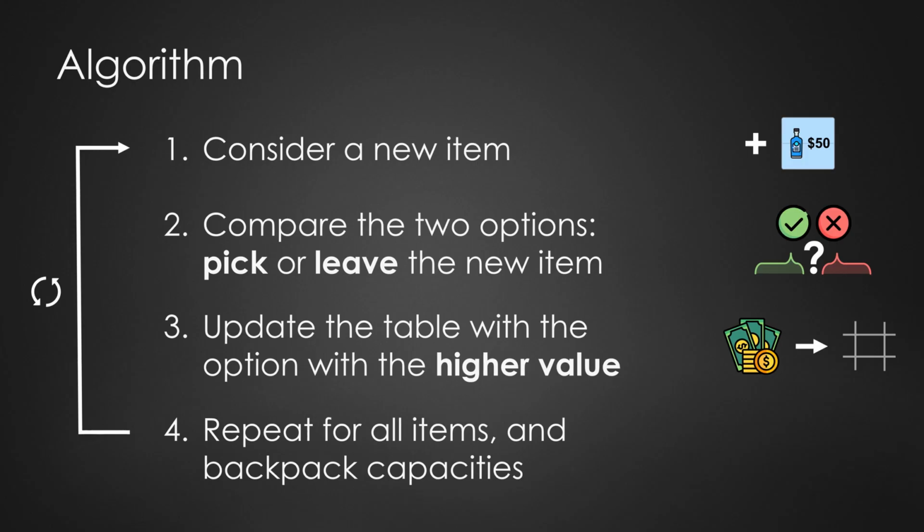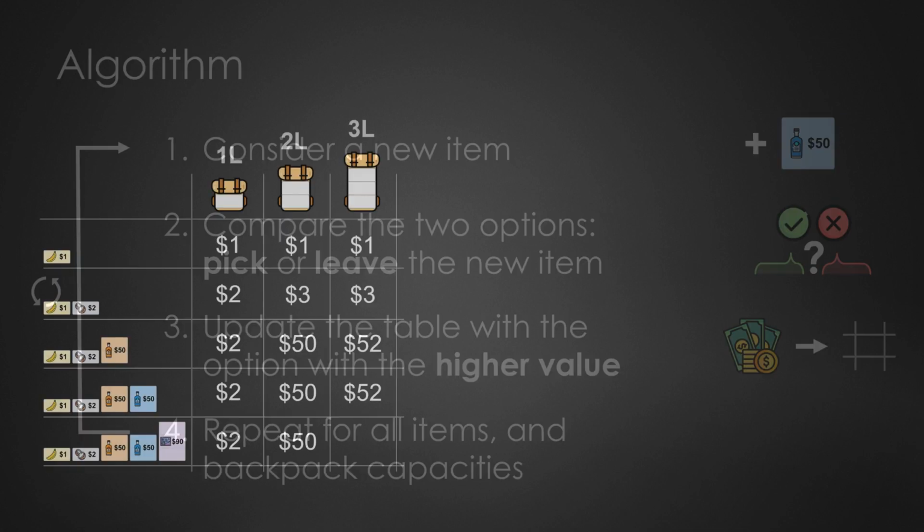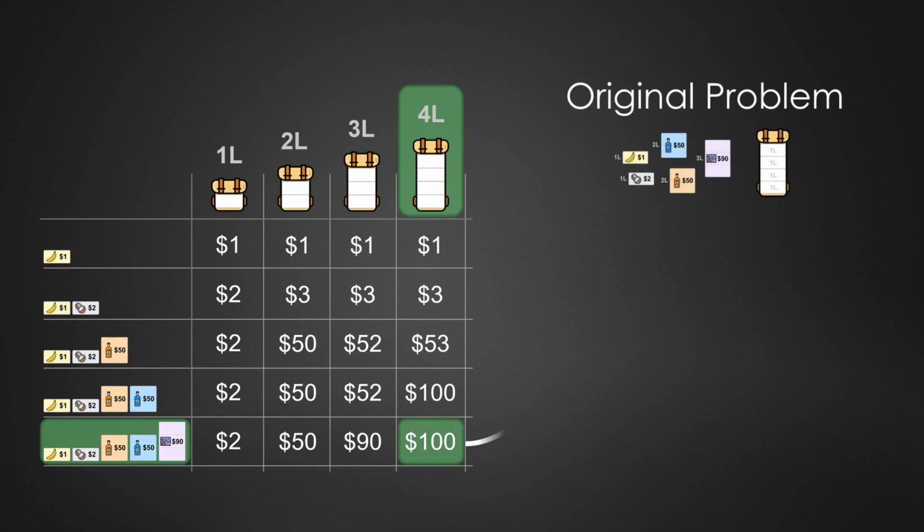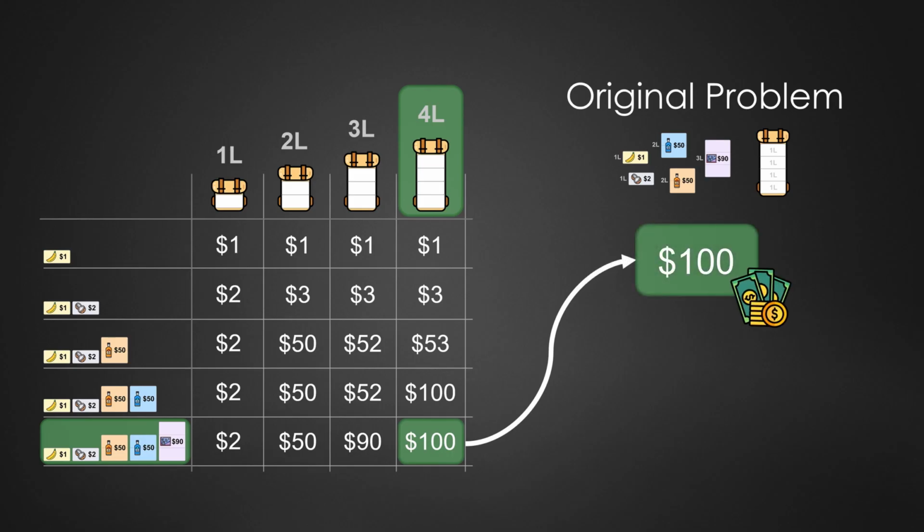Now that we've outlined the algorithm, let's say we applied it all the way to complete our table. With the full table, we now have an entry for a 4 liter backpack that considers all the items. This $100 entry is actually the solution to our original problem, since we've considered the entire backpack and all the items.